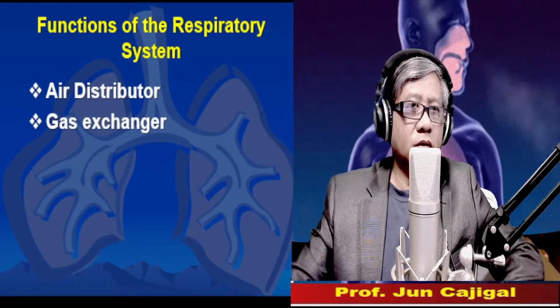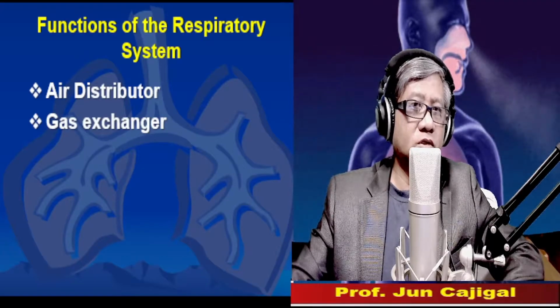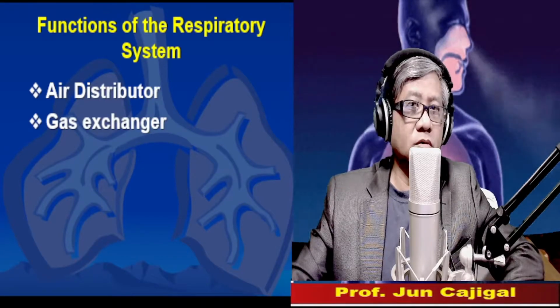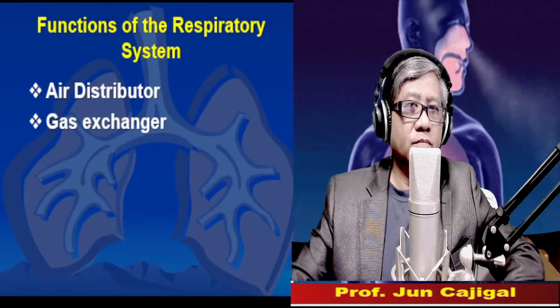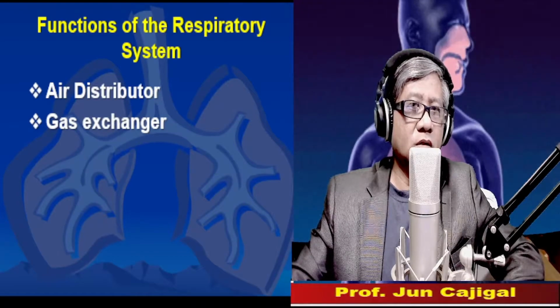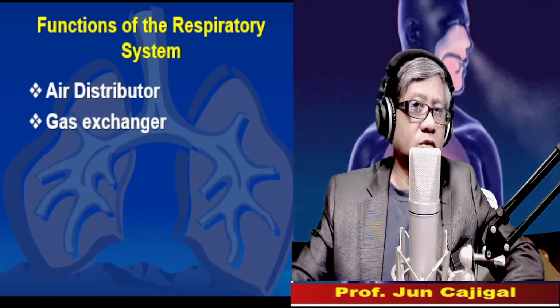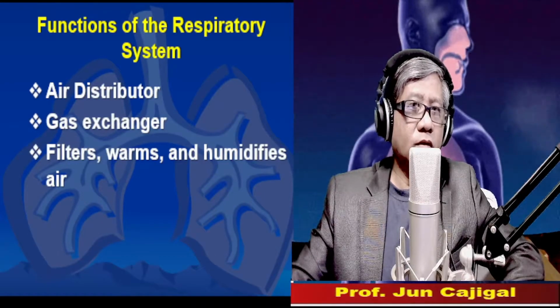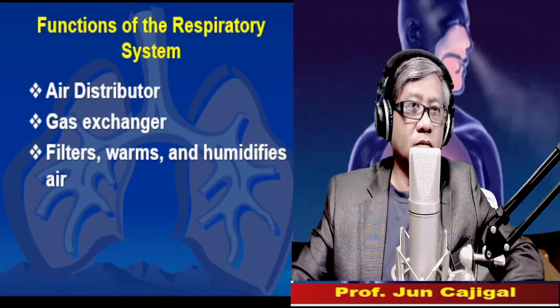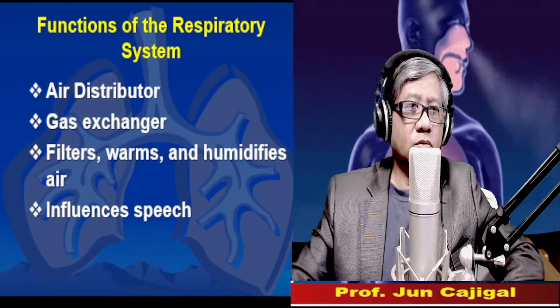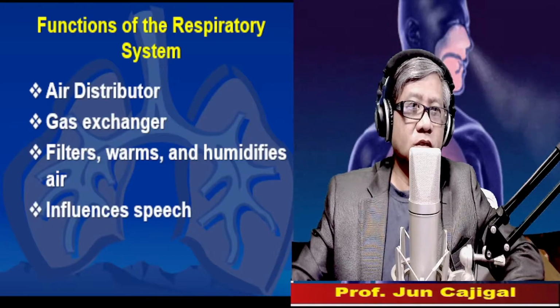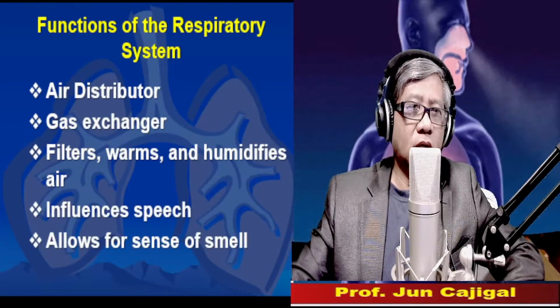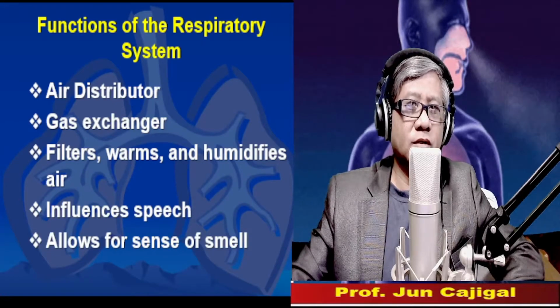Also, our respiratory system is a gas exchanger, meaning that carbon dioxide is released and the blood takes in oxygen via the respiratory system. And the respiratory system filters, warms, and humidifies the air, as I will explain later. Also, the respiratory system influences speech and it allows for the sense of smell.